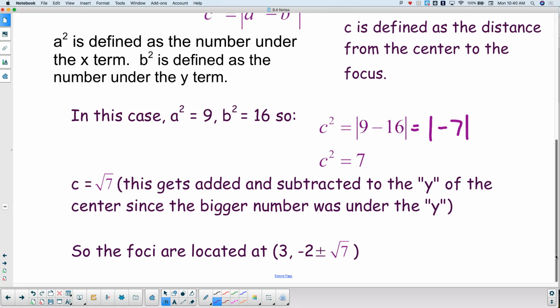Now, since our major axis was vertical, that means we're going to add and subtract c to the y part of the center. So the two foci are located at the points 3, comma, -2 plus the square root of 7, and 3, comma, -2 minus the square root of 7.